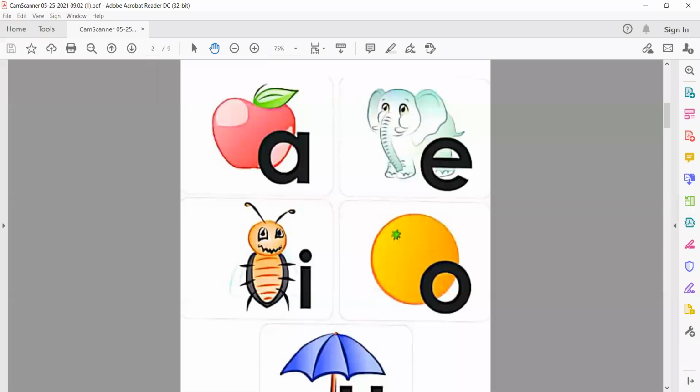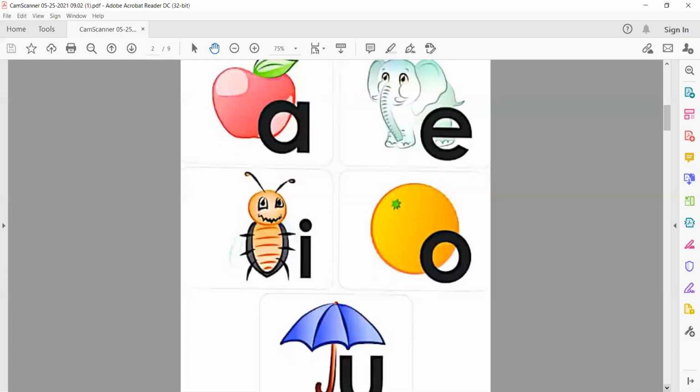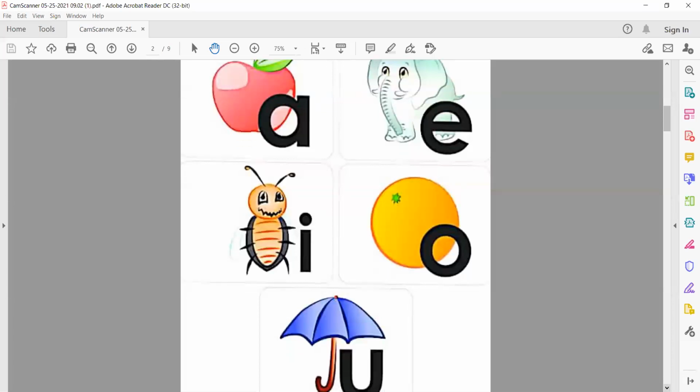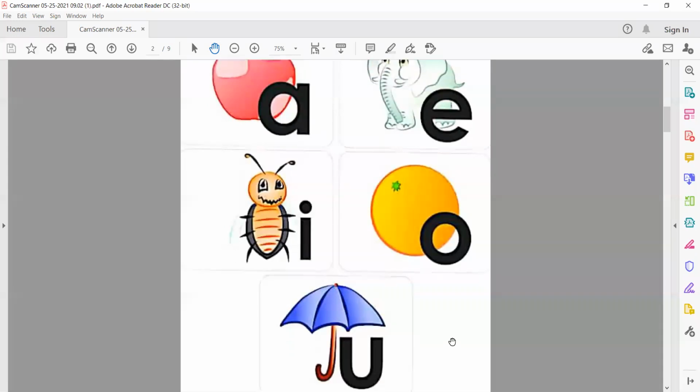A. E. I. O. U. These all are vowel sounds. But at the end, I will show you all the slides again. Now look at your screen and concentrate on your lecture totally. Clear?